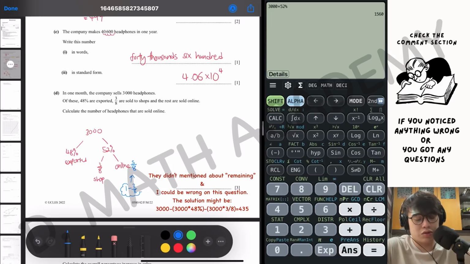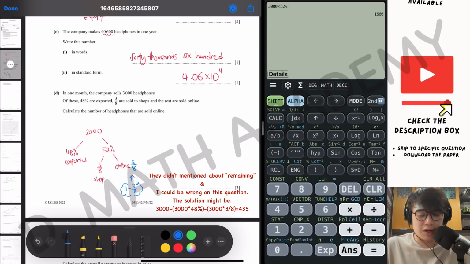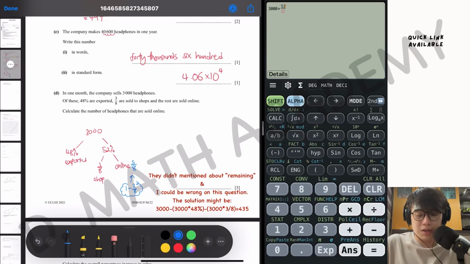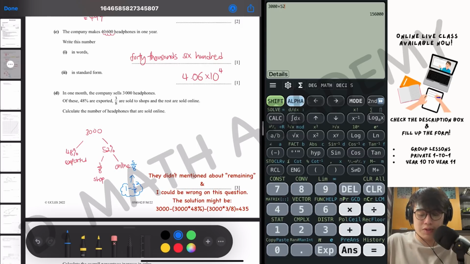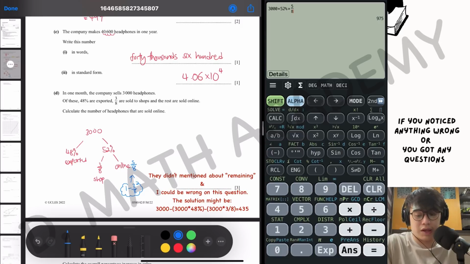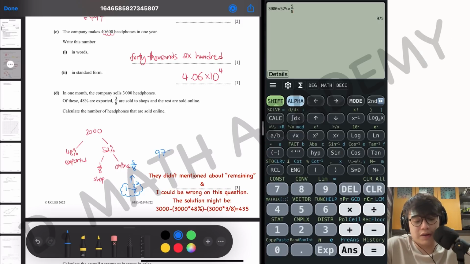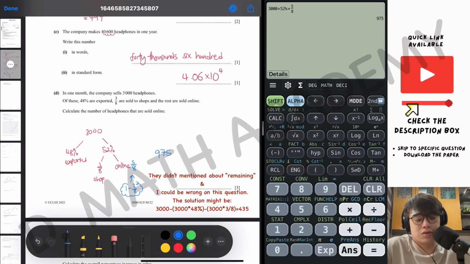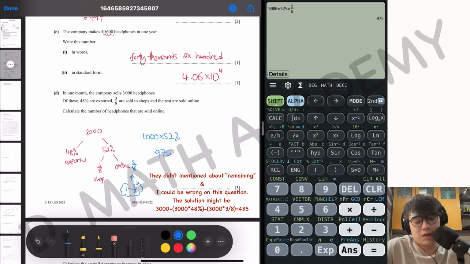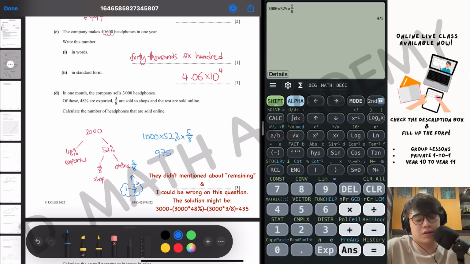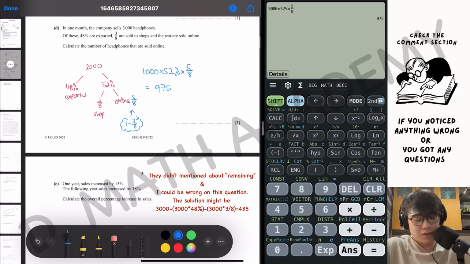So from this 52%, I take 5 over 8. 52% times 5 over 8. So you will get 975 sold online. So the workings go by 3,000 times 52% times 5 over 8. That will be my answer here.